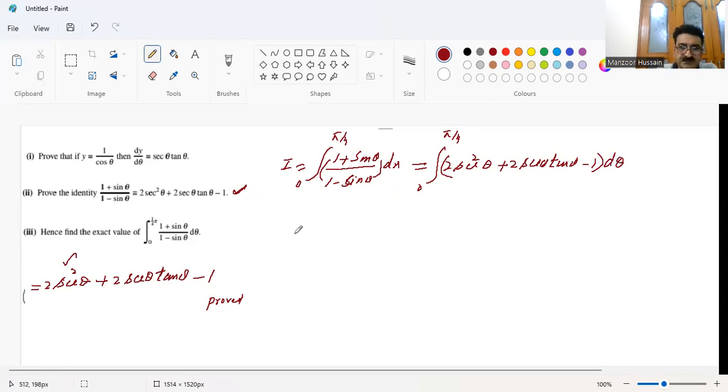Now what to do? You know its integration is tangent. Write the 2 tangent of it, because it is the basic formula of integration.